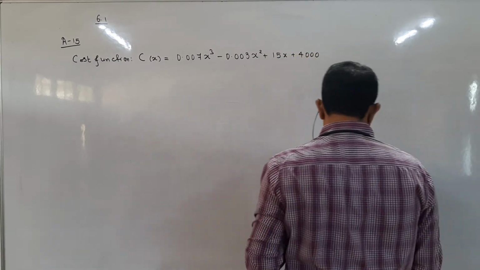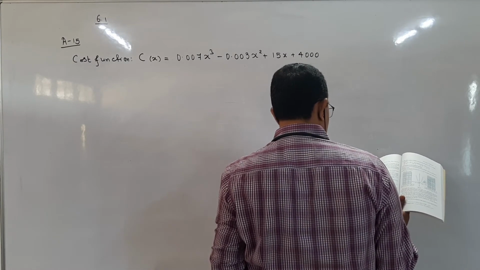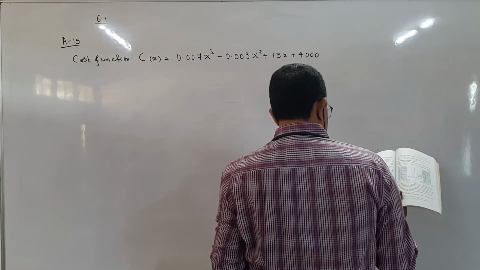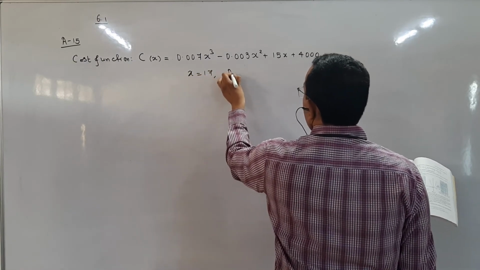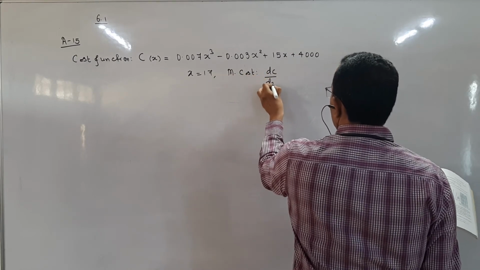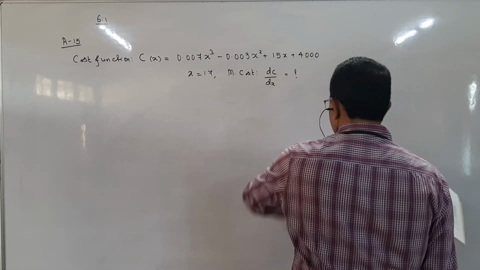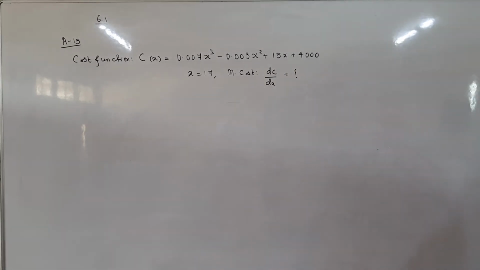In business terms, cost is always dependent on production. Find marginal cost when 17 units are produced. When x is 17, find marginal cost, which is always dc by dx. Students, these are pure commercial topics.